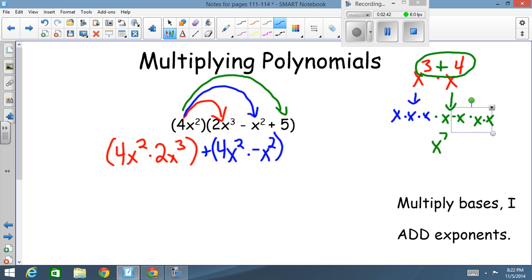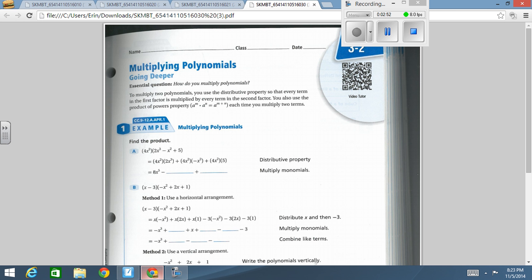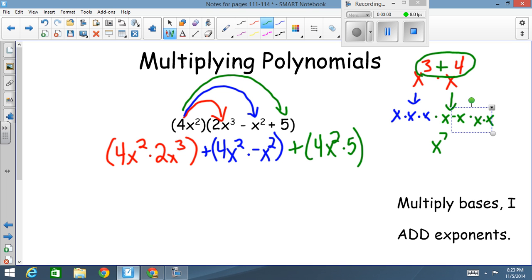And they're just going to group that little piece. And then the last one they're going to do is 4x squared times 5. That's not necessarily a step I would do all the time, but it doesn't hurt to write it out, because it might help you see, okay, a little refresher on this multiplying business.